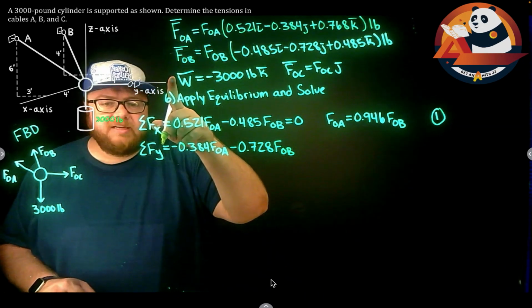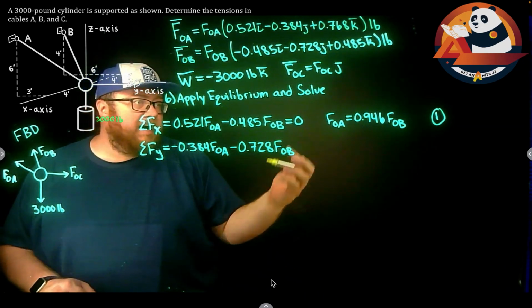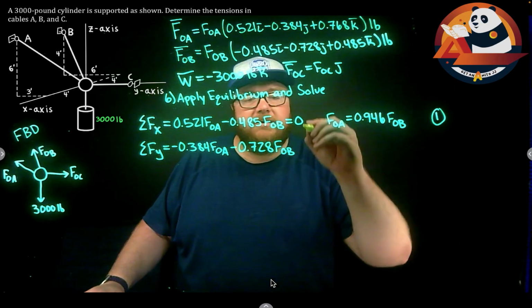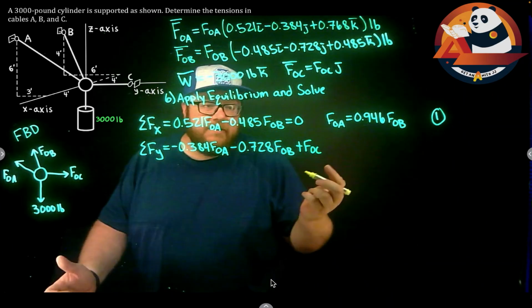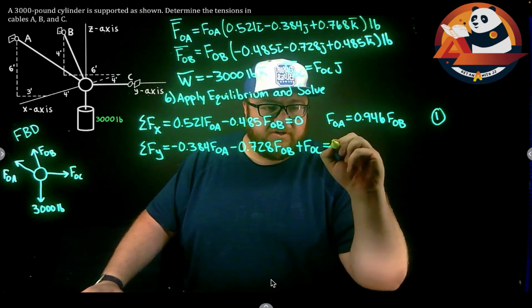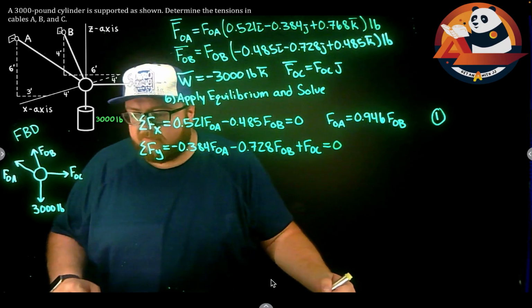The weight only has a K term. FOC is entirely in the J, that means we need to include it here. So plus FOC, and that's it for us.